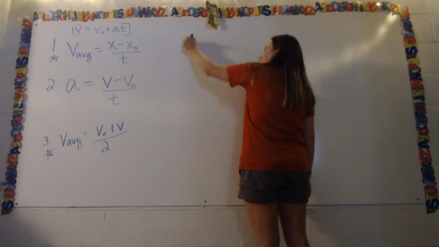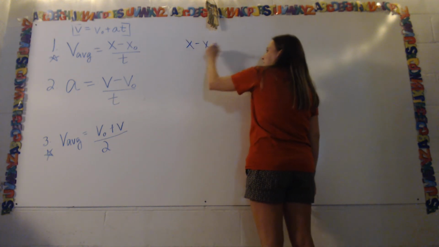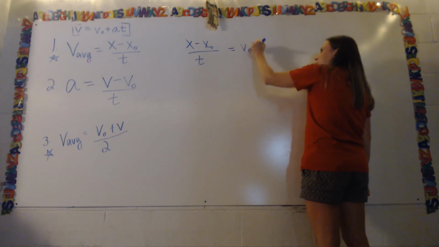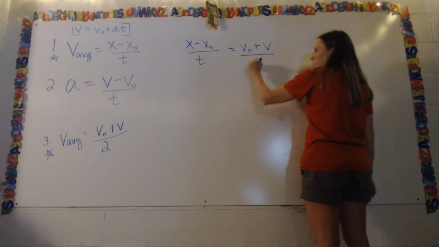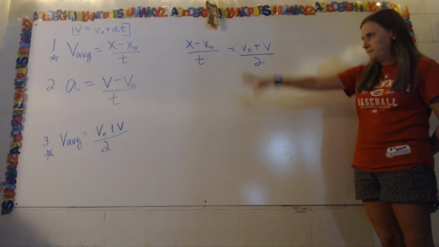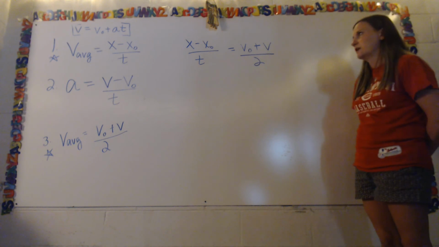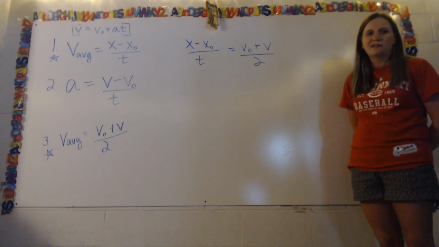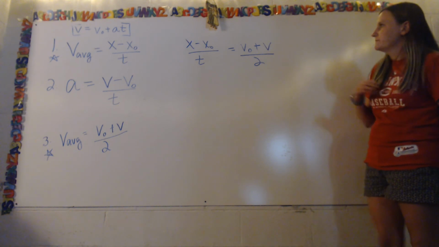So I'm going to say x minus x naught divided by t is equal to v naught plus v divided by 2. Now again, I can do that because of how I defined average velocity. And I'm going to clean this up a little bit too because, again, lose the fractions. I'm not a fractions fan.